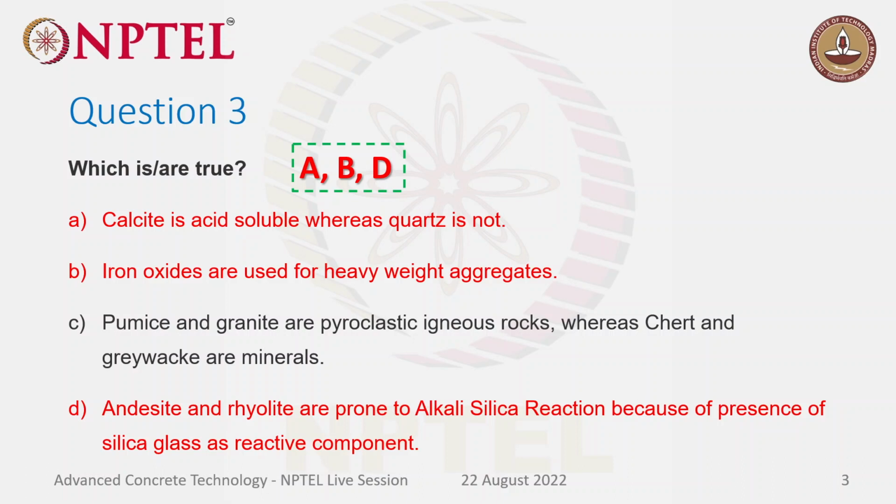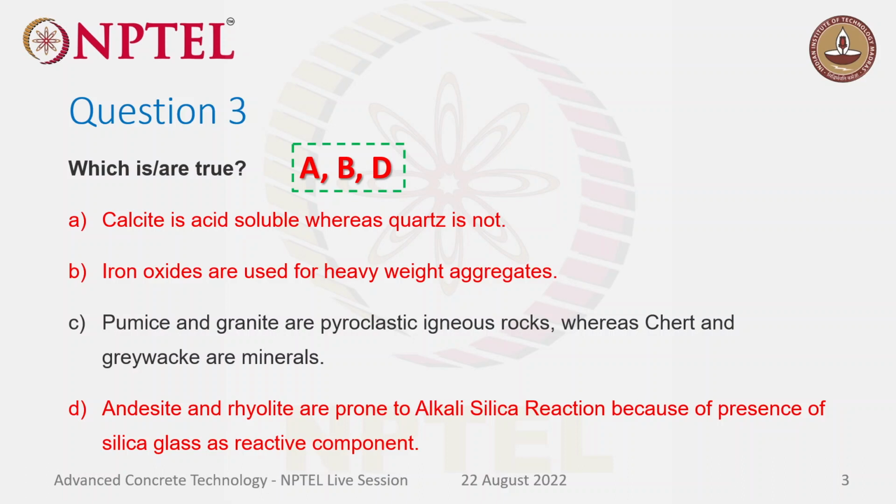And pumice and granite are pyroclastic igneous rocks. So pumice is a pyroclastic igneous rock. When the lava comes from the volcanic region and is thrown out to the surface, when the rocks cool near the surface, it is called pyroclastic igneous rock. And there will be some opening through the volcanic path, right?